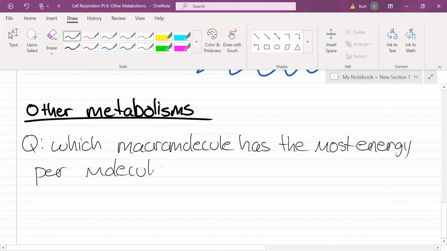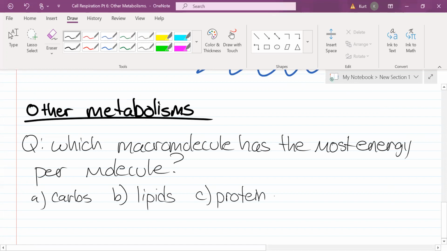I'll give you 4 choices. A, carbs. B, lipids. C, protein. D, nucleic acids.